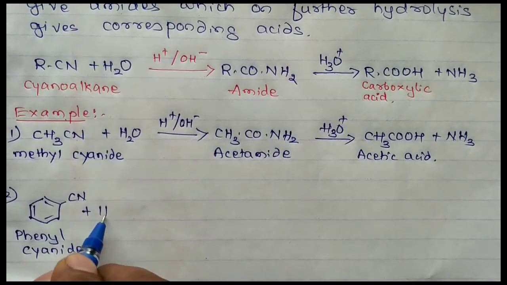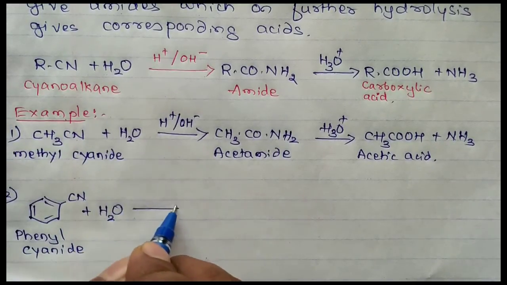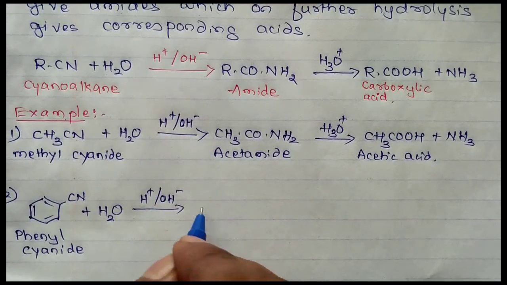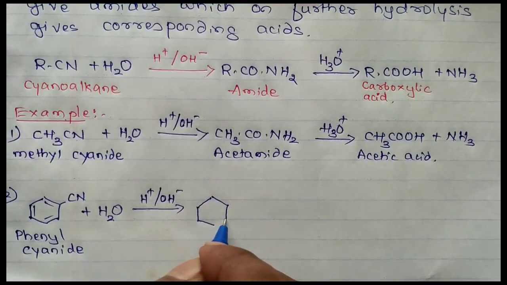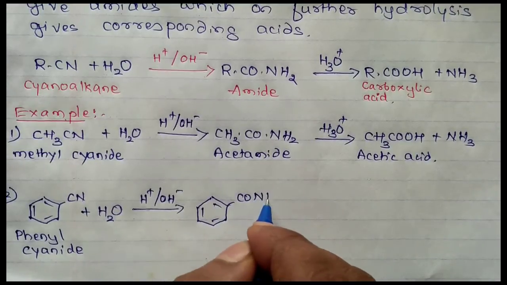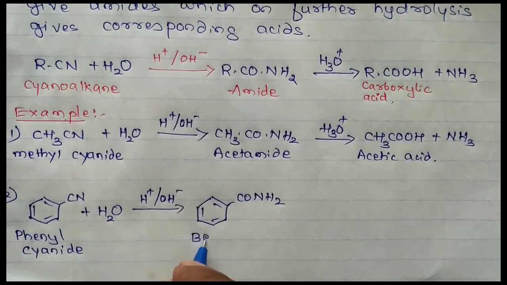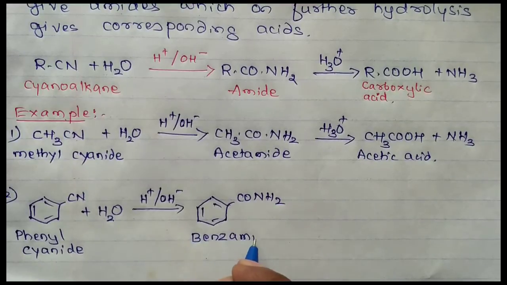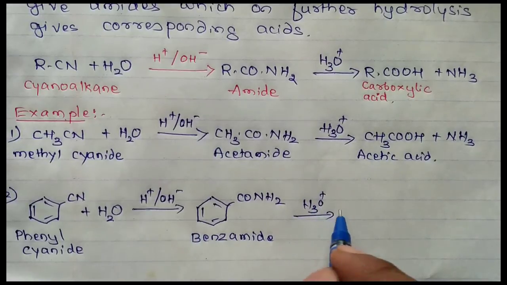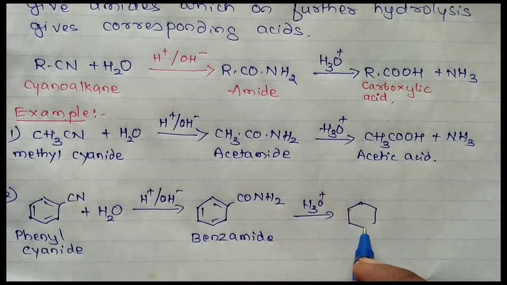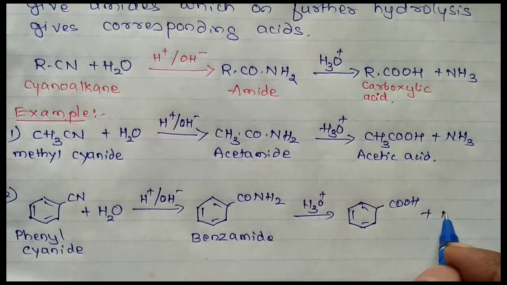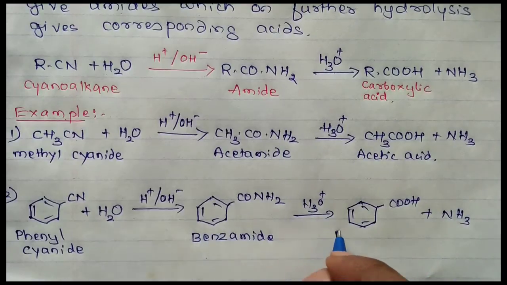Phenyl cyanide on hydrolysis in the presence of the same conditions, acid or base, gives benzamide, C6H5CONH2, which on further hydrolysis gives benzoic acid, C6H5COOH, plus NH3.